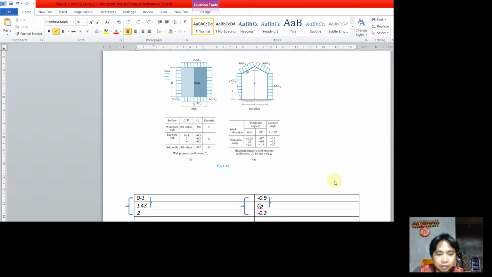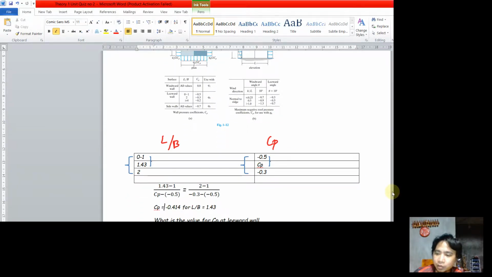So here it is. We interpolate by using those values, the upper limit to the lower limit, the mid unknown to the lower limit, and also for the other side. By the way, this is the L over B, and this is the corresponding pressure coefficient.